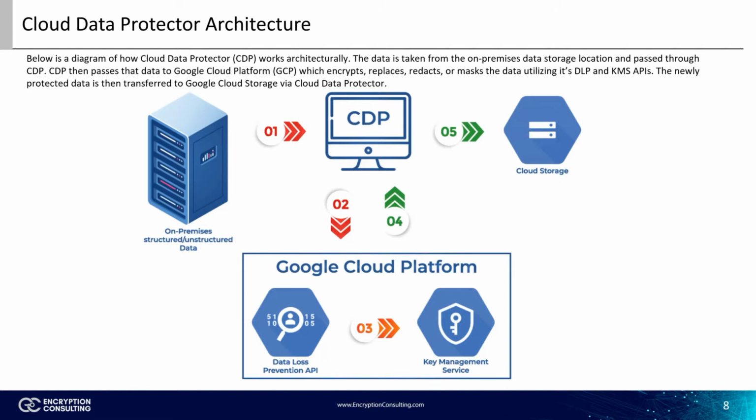The config file and dataset are then passed to the DLP API. The Data Loss Prevention API implements the necessary methods, and if FPE is used, then the Key Management Service API is used to retrieve the encryption key. The newly protected dataset is then passed to the user and can be safely transferred to Google Cloud Platform. If FPE was used, then a wrapkeys.json file is also created to be used for FPE decryption.